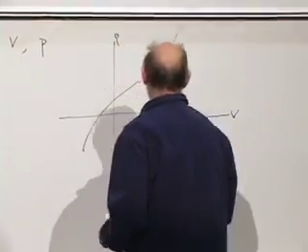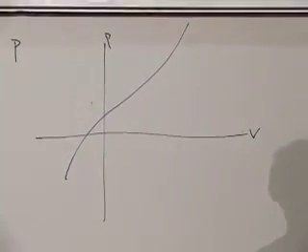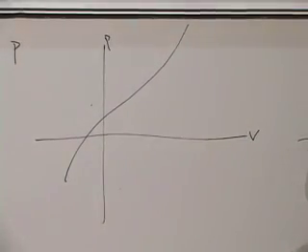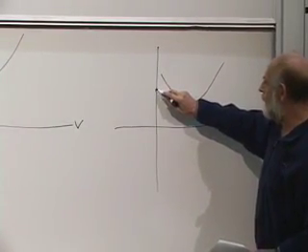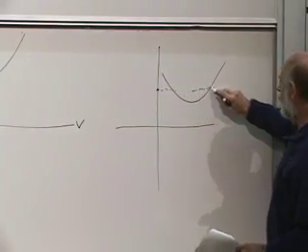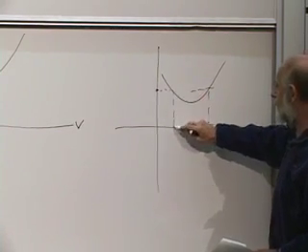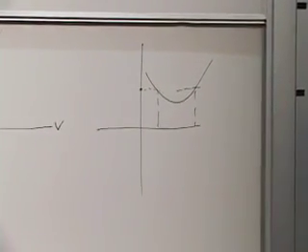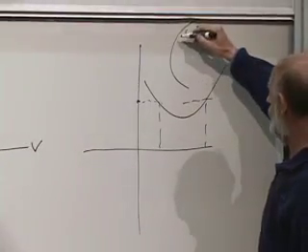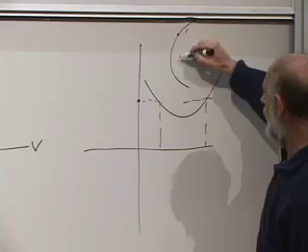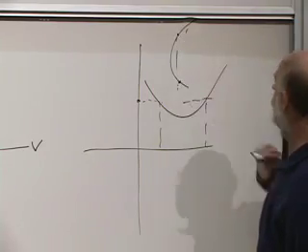looks something like that. What it can't do is it's not allowed to do that. Why not? Because if it did this, there would be certain values of P where you would have an ambiguity about what V is. It's also not allowed to do this, because then there would be certain values of V where you wouldn't know what P was.